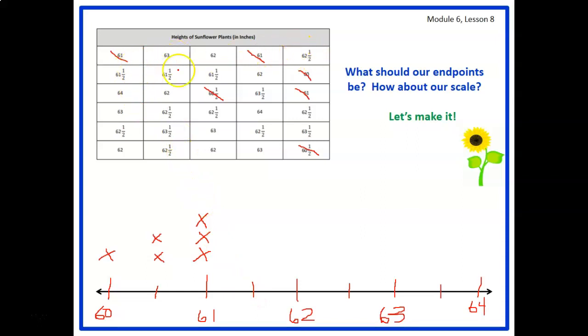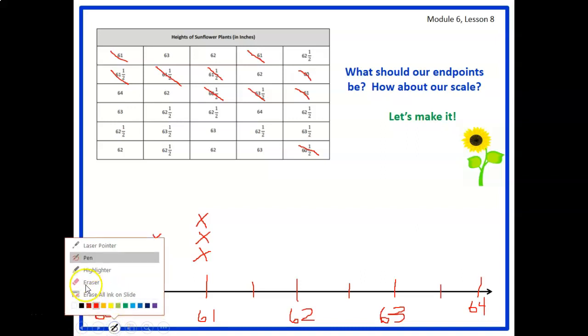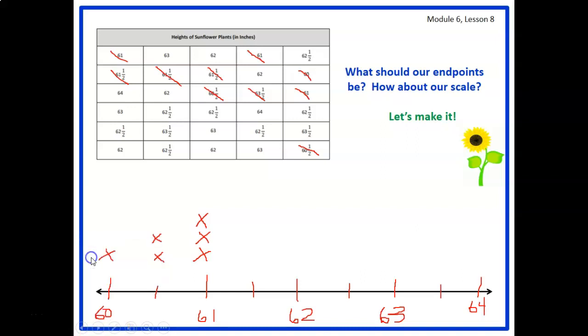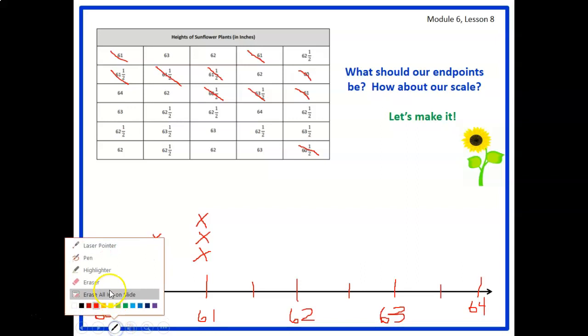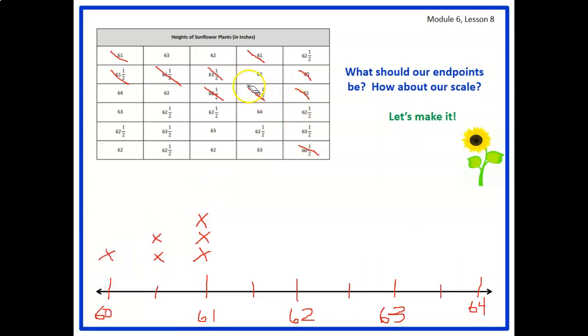Okay, so let's find the next interval, 61.5. So, oh, I see 62.5, 61.5, 61.5. That's 2 of those. Oh, 3, 4. Oh, no. Gotta go back and erase, because I don't want 63.5.